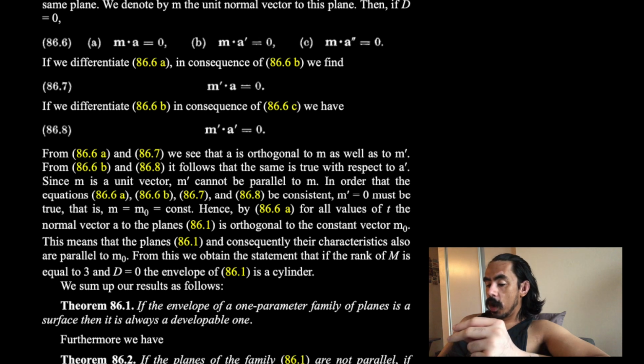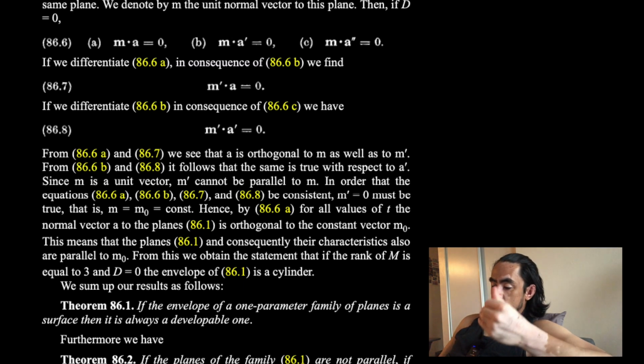In order that the equations for the scalar product of M with A prime and A double prime respectively, and the consequent scalar products of M prime with A and A prime, be consistent, M prime equals 0 must be true. That is, M, which equals M naught, is a constant.